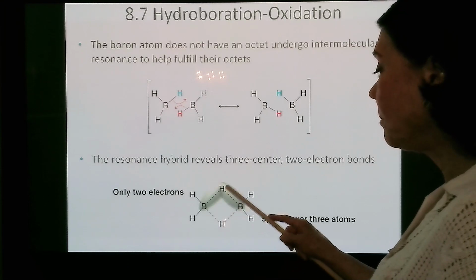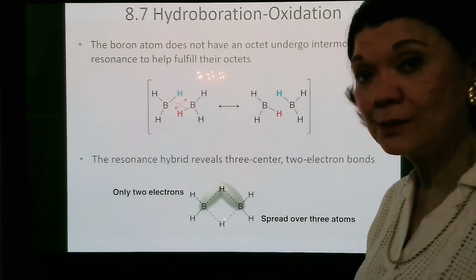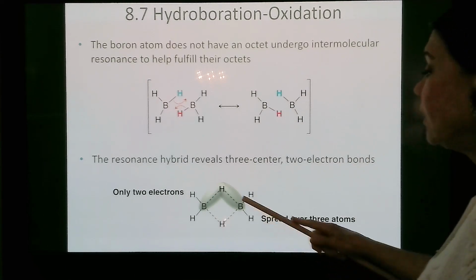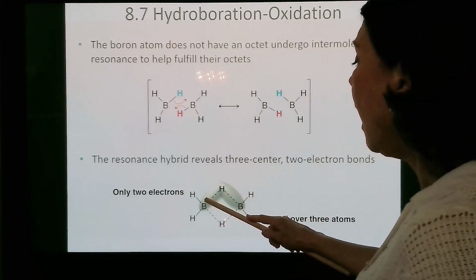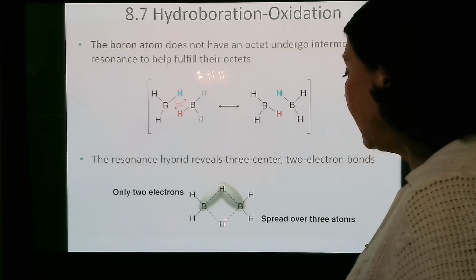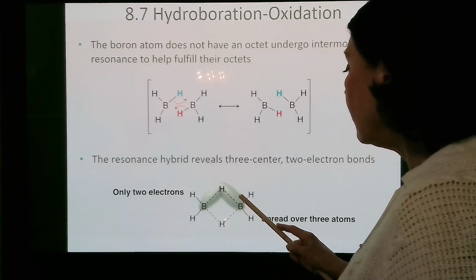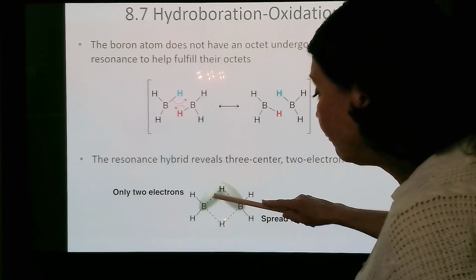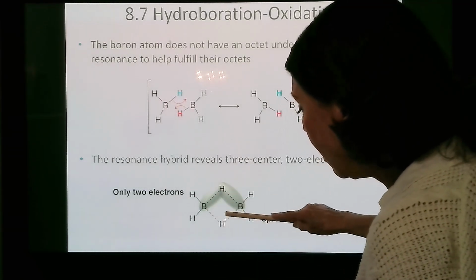This is probably the only one that you're going to see in this textbook, where you have a three-centered orbital with just two electrons in it. So it's 2 electrons spread out over 3 atoms, and you've got it above and also below.